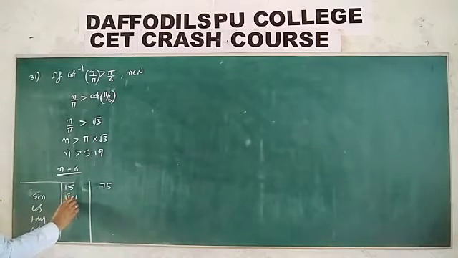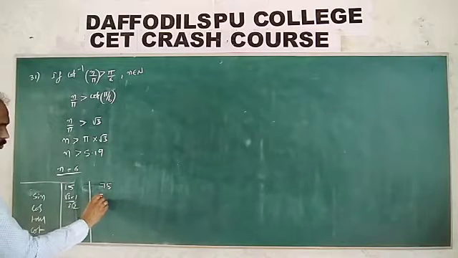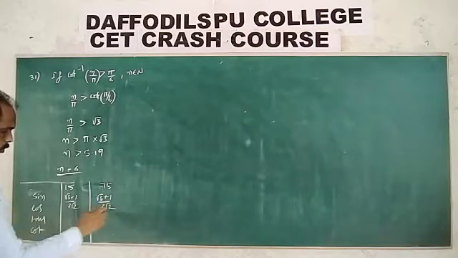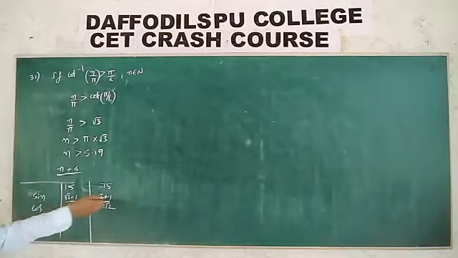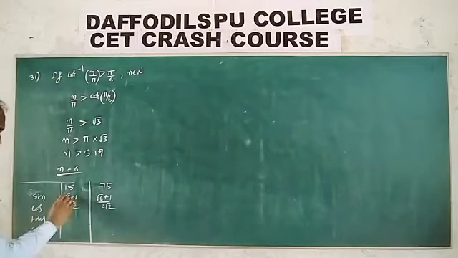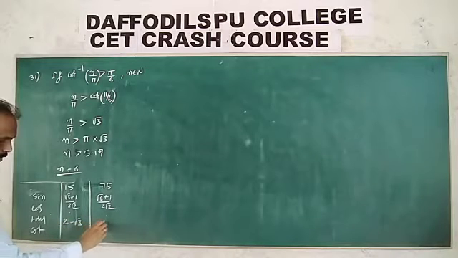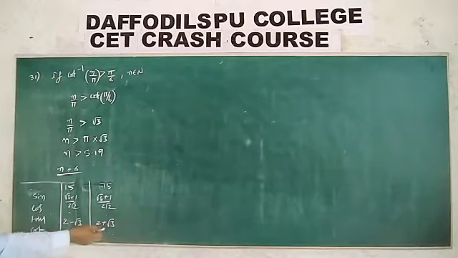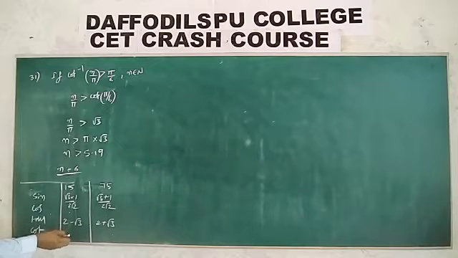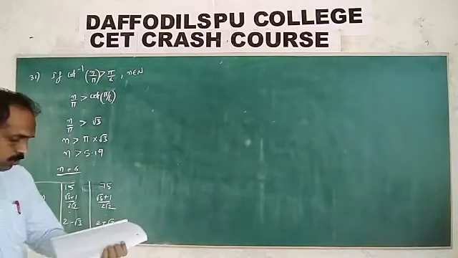Sin 15 is root 3 minus 1 by 2 root 2, and sin 75 is root 3 plus 1 by 2 root 2. This is reversed for cos 15 and cos 75. Next tan: 2 minus root 3, 2 plus root 3. So cot 15 is 2 plus root 3 and cot 75 is 2 minus root 3.